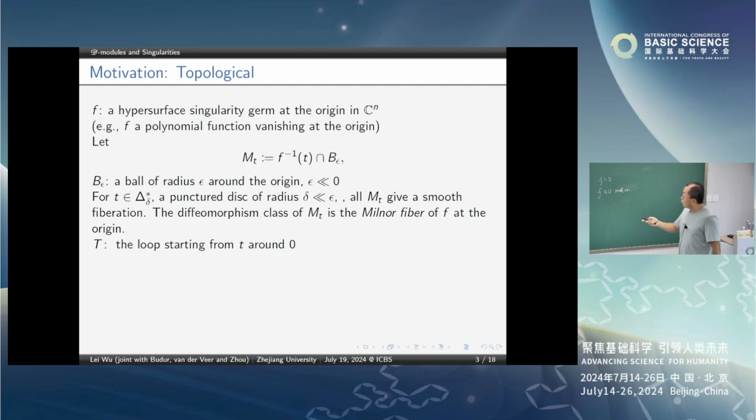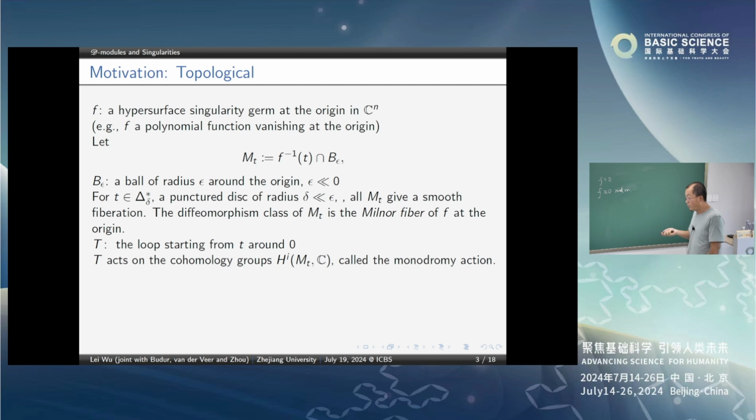The fundamental group of the punctured disk is generated by one loop, which we denote by T, a loop starting from t around the origin. Because this is a fibration, T acts on the cohomology groups of the Milnor fiber, and this is called the monodromy action.